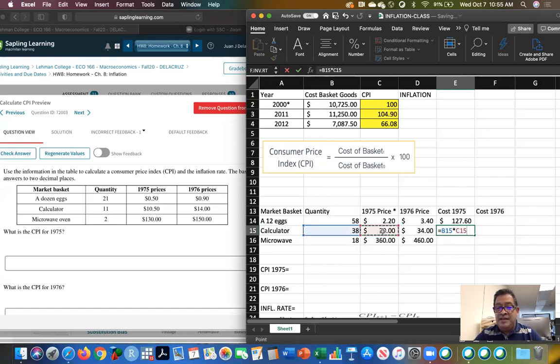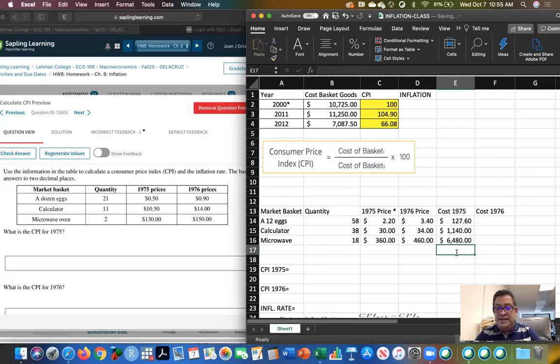So I am finding the value of the basket of goods for 1975. So the third one, I'm gonna multiply the quantity times my price in 1975, right? So at the end, I'm gonna add all these numbers.